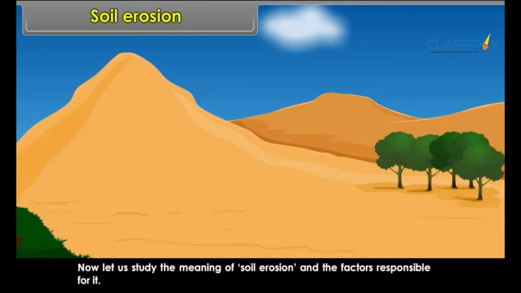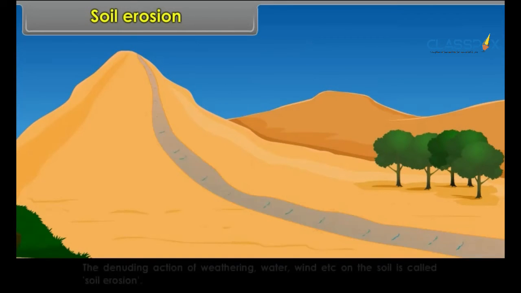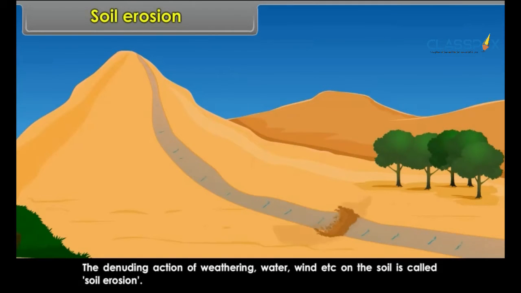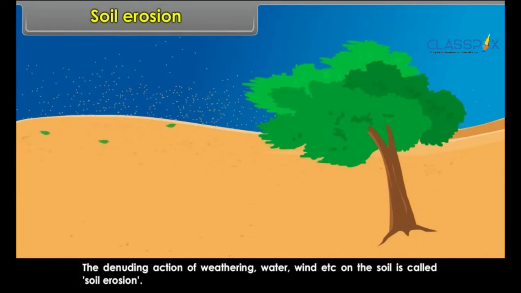Soil erosion. Now let us study the meaning of soil erosion and the factors responsible for it. The denuding action of weathering, water, wind, etc. on the soil is called soil erosion.